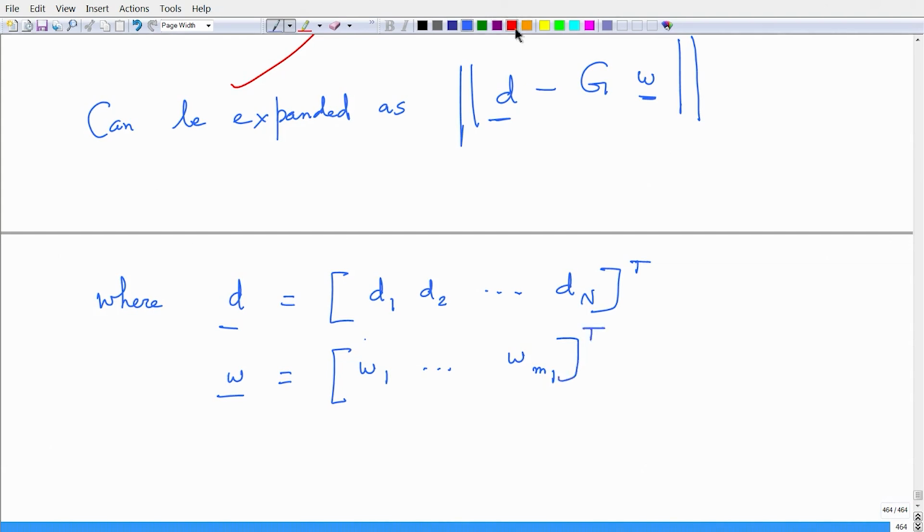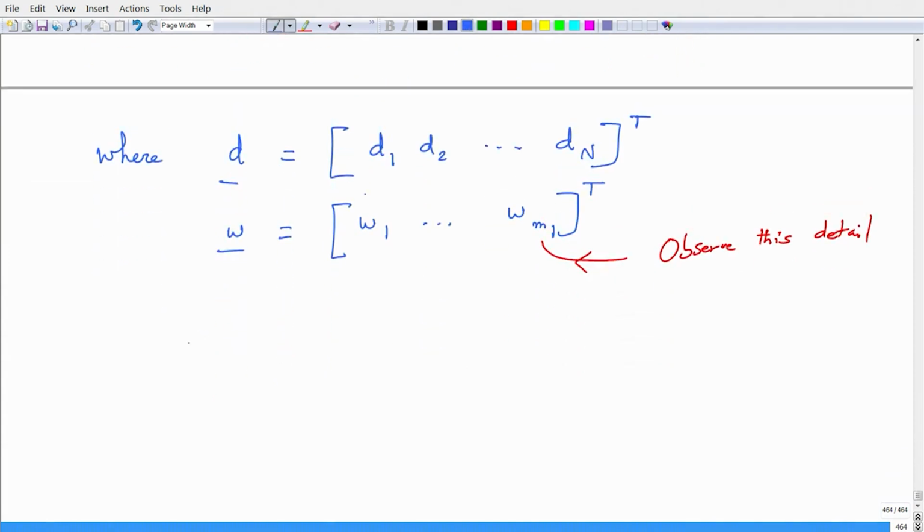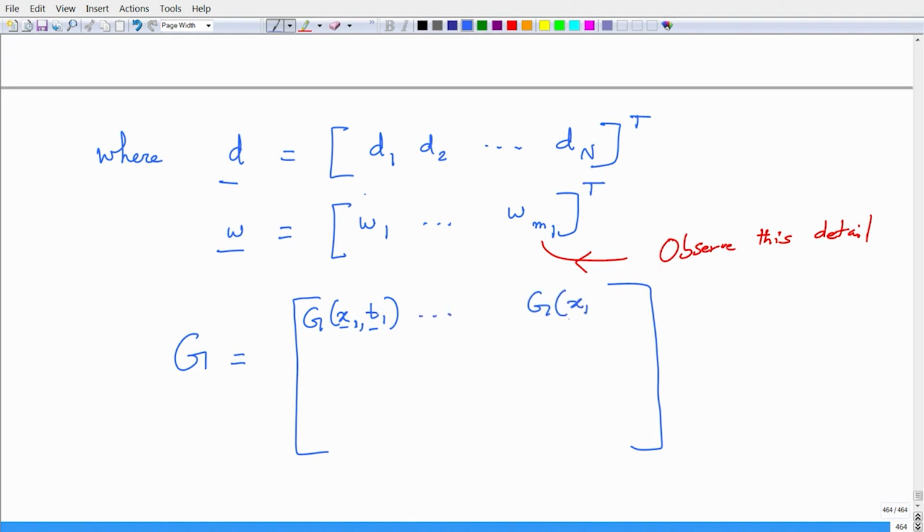Just observe this detail here, because it is over m1 units and not the original N units. My matrix G is this Green's matrix, which is G(x1, t1), dot dot till G(x1, tm1).